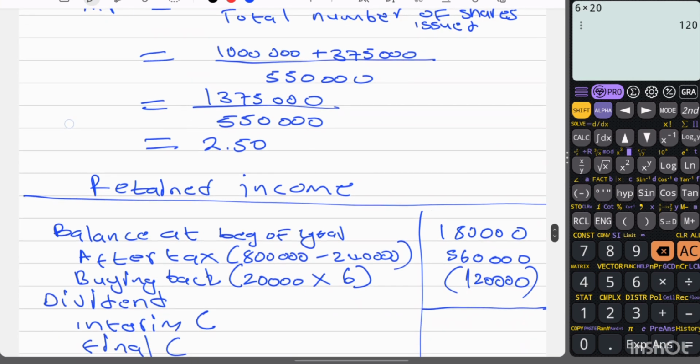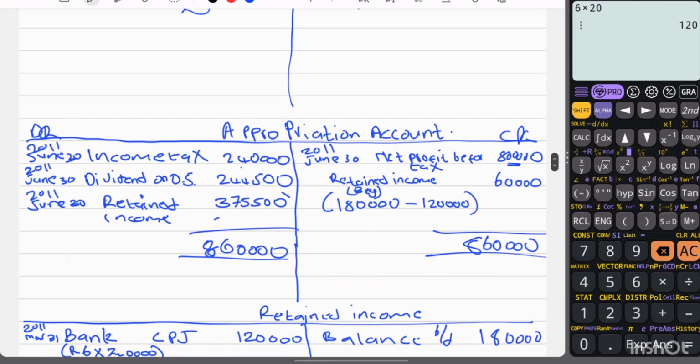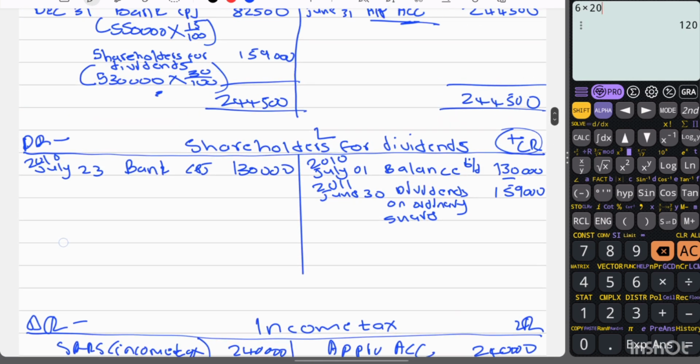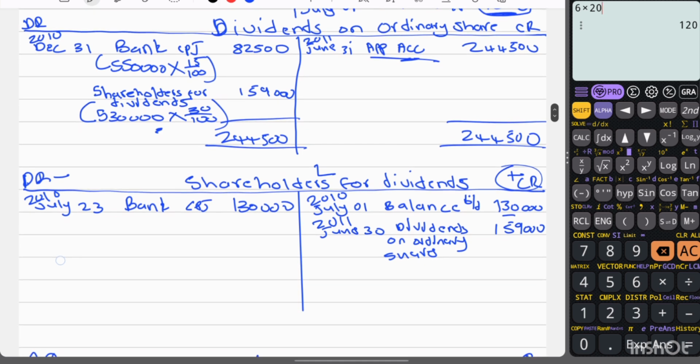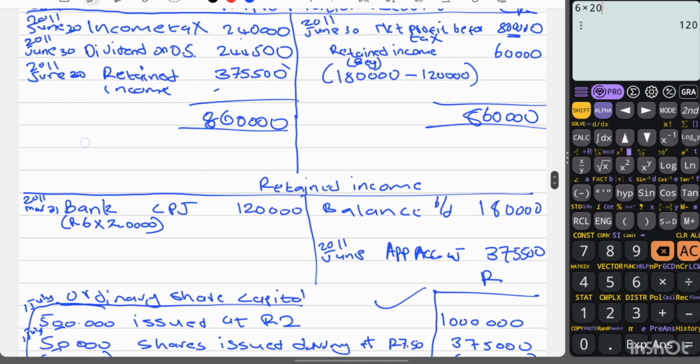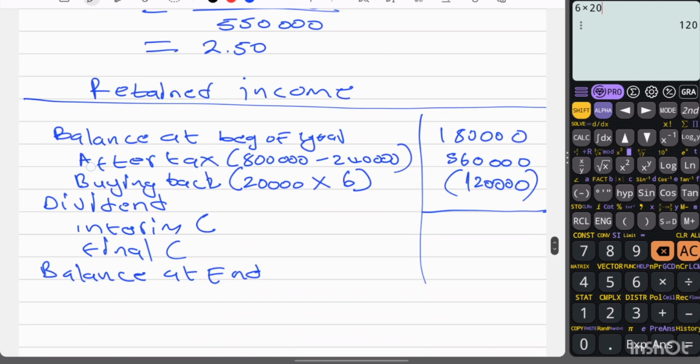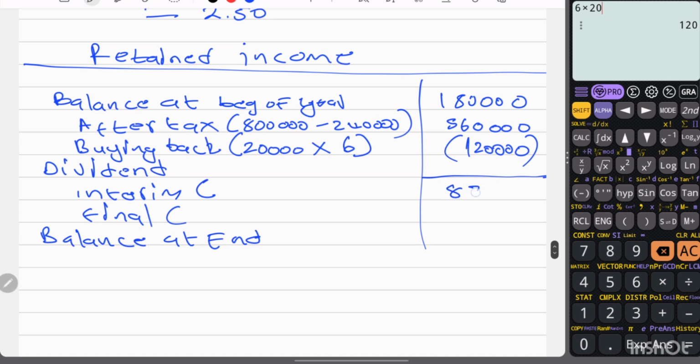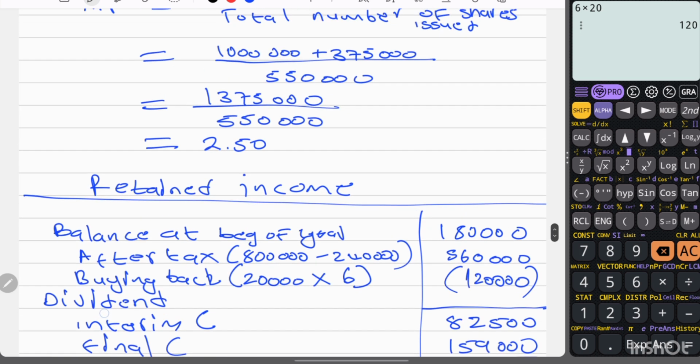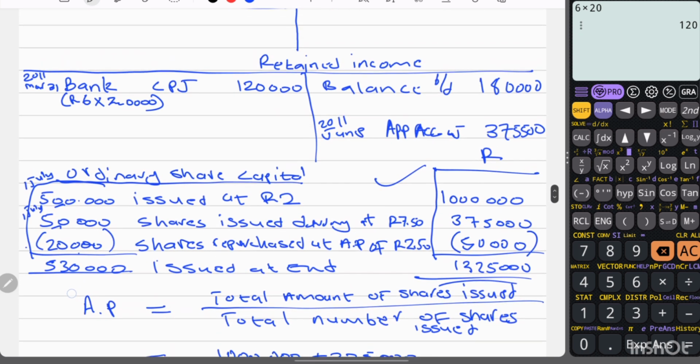Here it's gonna be how much? Our interim is 82,500 and our final is 159,500. And when you combine the two, you are going to get how much?